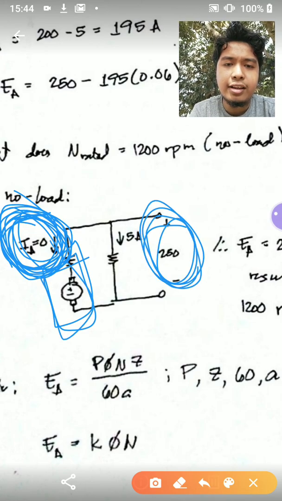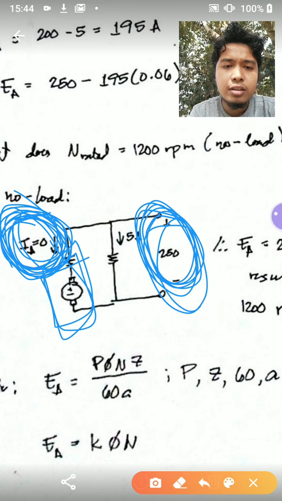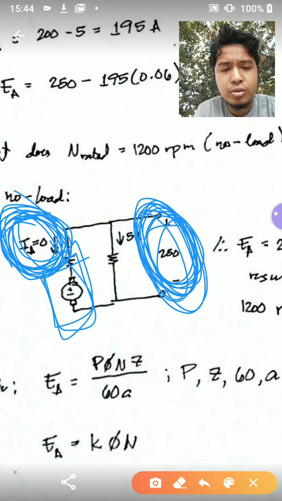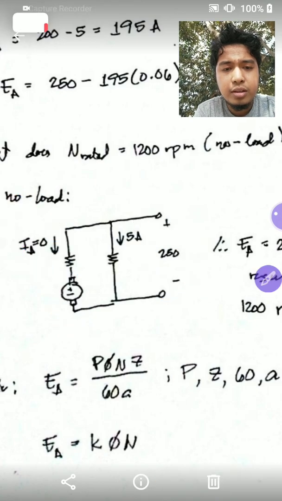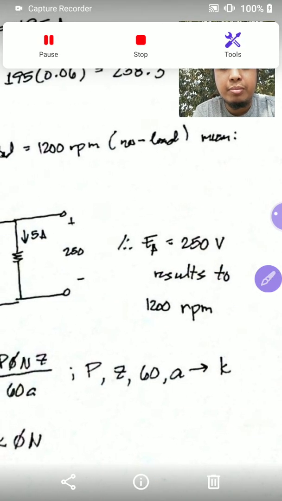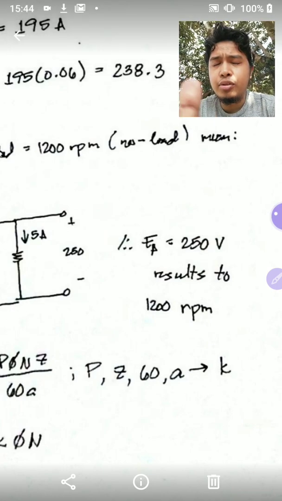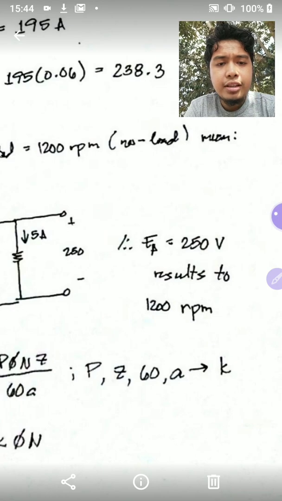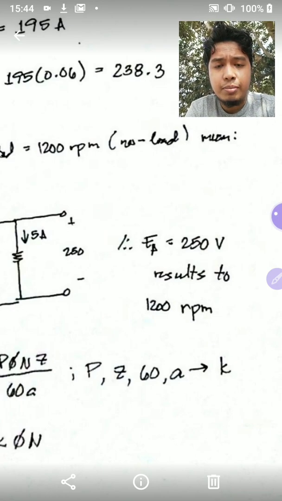Let's just say that we want to use that approximation to simplify the problem. So you have the induced voltage of the armature of 250 volts, and that results in 1200 rpm. That is at no load.